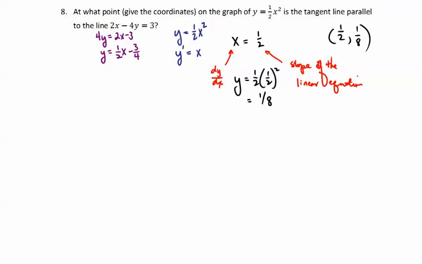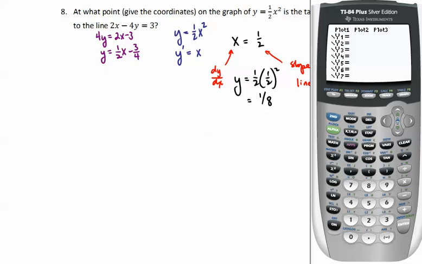So I'm going to show on the graphing calculator how this looks so that you can make some sense of this. First of all, let's look at the function 1/2, we'll call it 0.5 x to the second power. And then we'll put in the linear equation 1/2 x minus 3/4, or 0.5x minus 0.75.